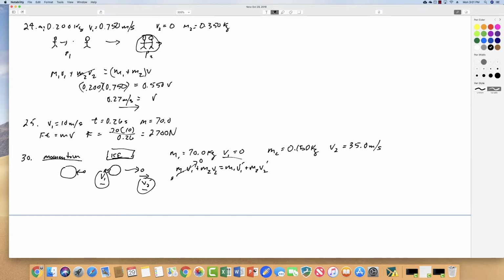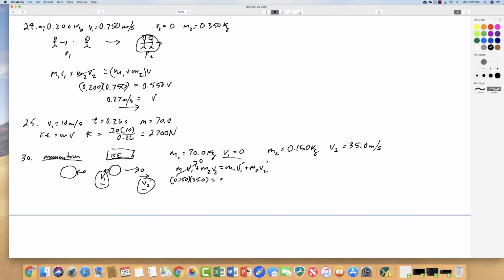So what that says is that 0.150 times 35.0 has to equal 70 times whatever V1 prime is plus 0.150 times whatever V2 prime is. Those are the two unknowns. So that's the first equation, and that takes this into account.